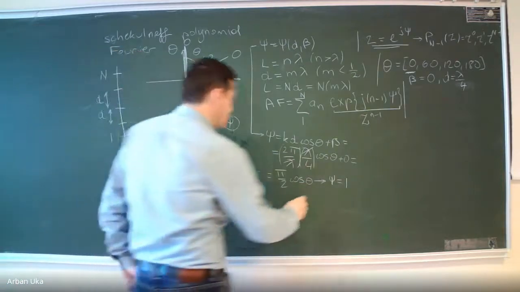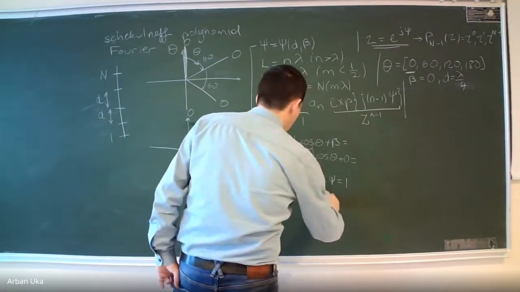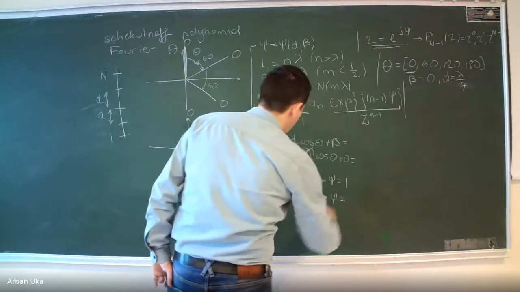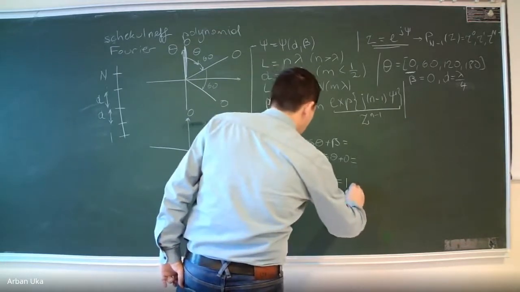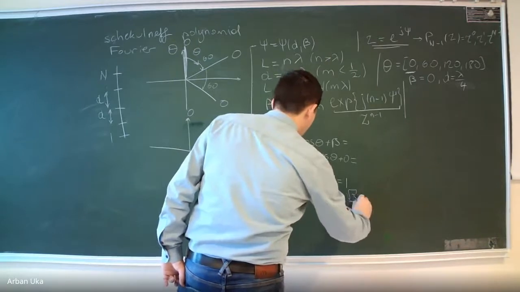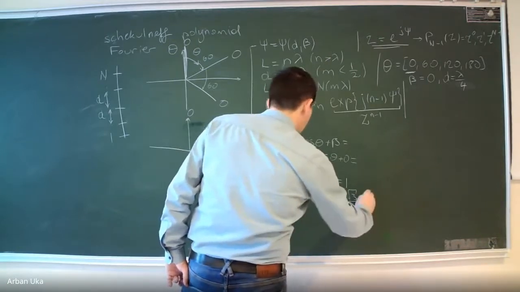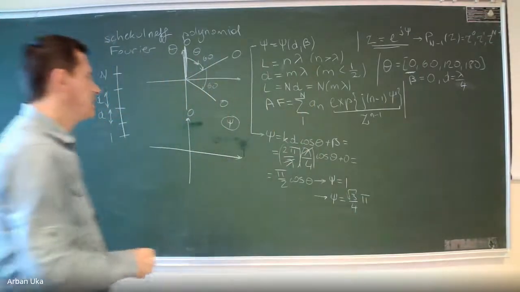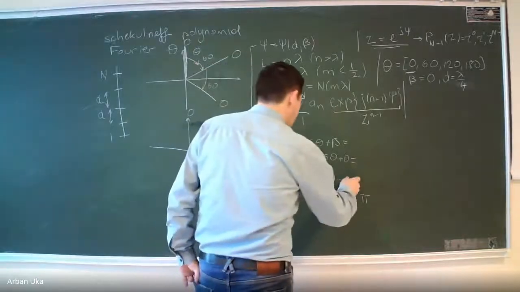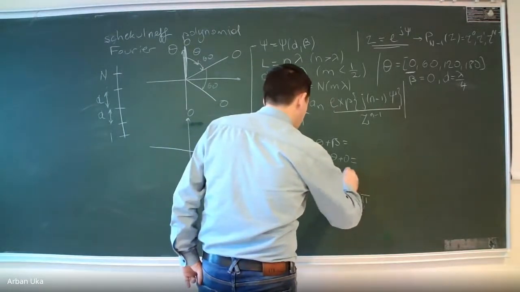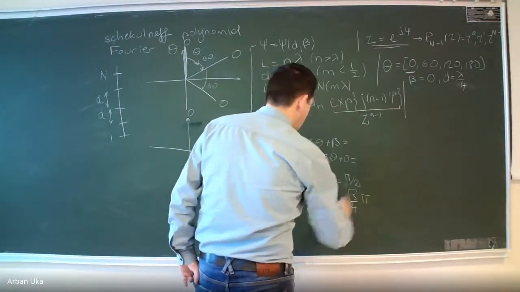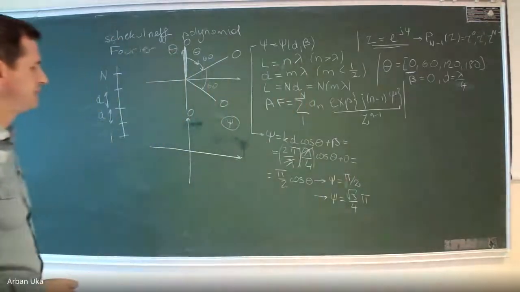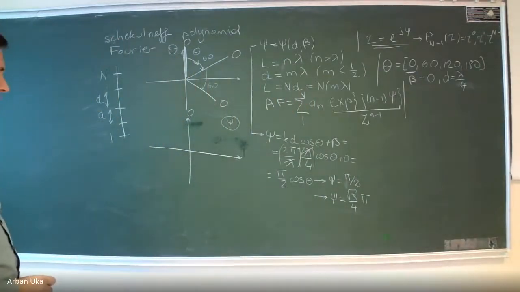Cosine 60 is square root of 3 over 2, and the psi will be square root of 3 over 4 times pi, right? Or let me think. Yeah, this is pi over 2, that's correct.